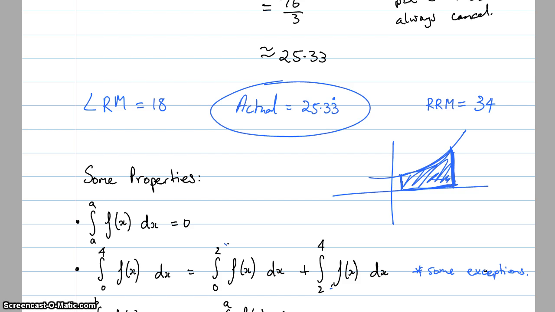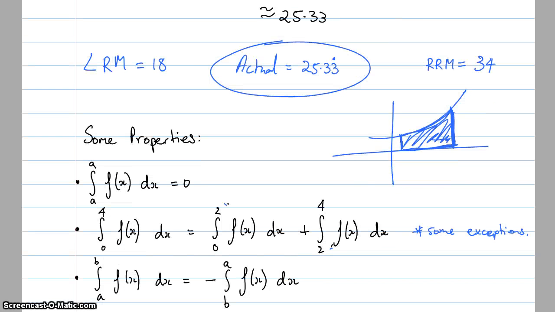If it crosses the x-axis, then we can't do this anymore. We have to adjust it slightly. But it is true if it's all above the x-axis, or all below the x-axis. So yes, you can split them up, and the other way too, you can go from this side to the left-hand side and crunch them together, except where it crosses the x-axis.